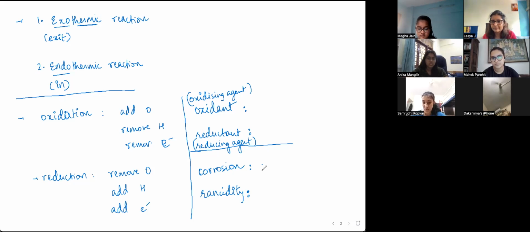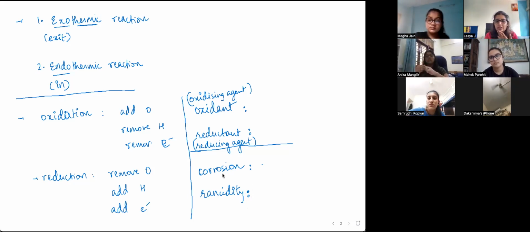Oxidation of fats and oils in foods results in the food gaining a bad taste and smell. That food is said to be spoiled, and this phenomenon is called rancidity. Yes. So due to oxidation of fats and oils, the food goes bad. It gains a bad taste and bad smell. That process is rancidity. Okay, oxidation of metals means corrosion. Oxidation of fats and oils in food is rancidity.